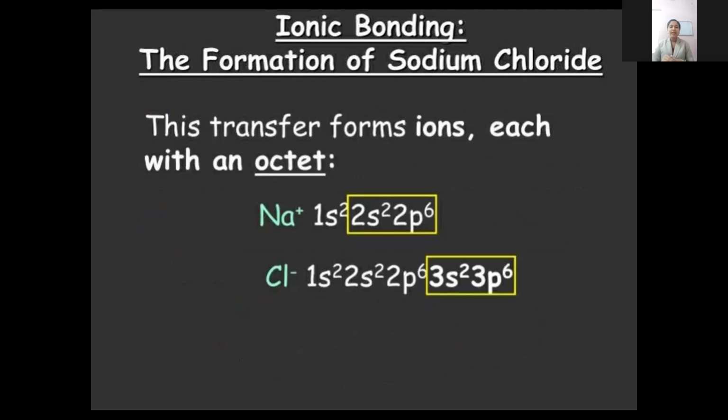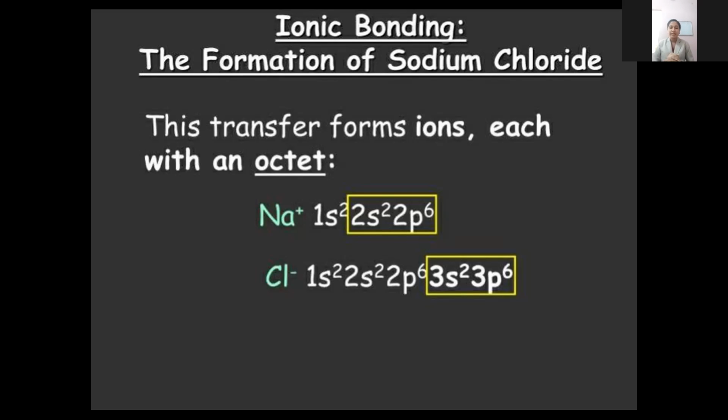If we remove one electron from sodium and transfer it to chlorine, what happens? Sodium becomes Na plus, whereas Cl minus is formed in chlorine by accepting 1 electron from sodium. Thereby an ionic bond is formed.